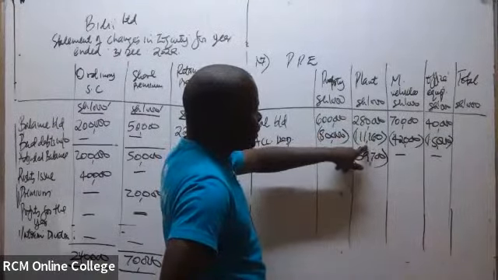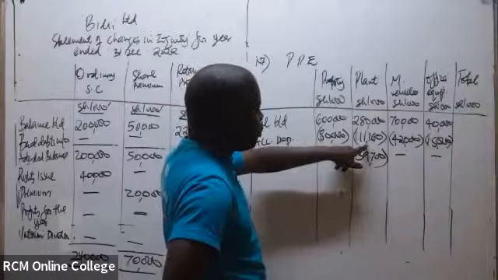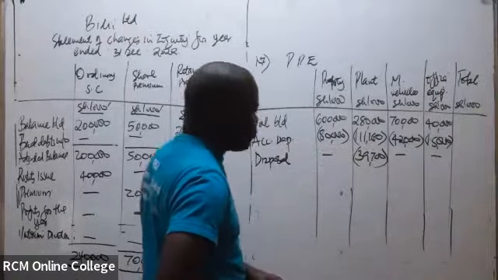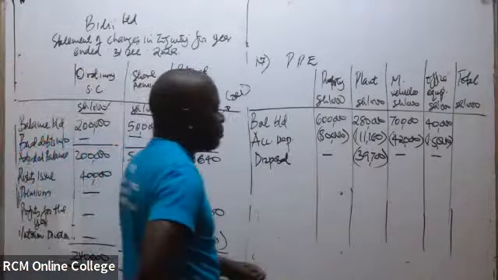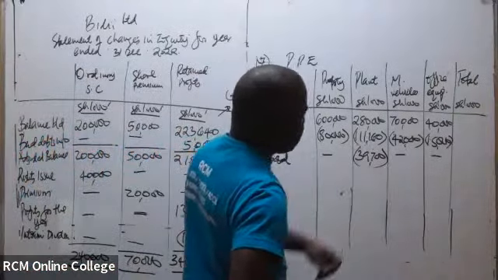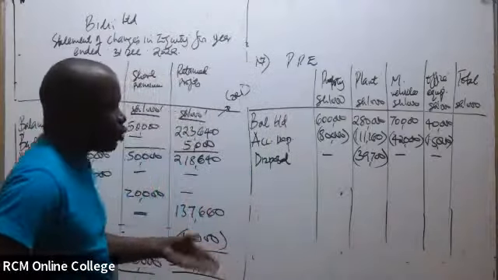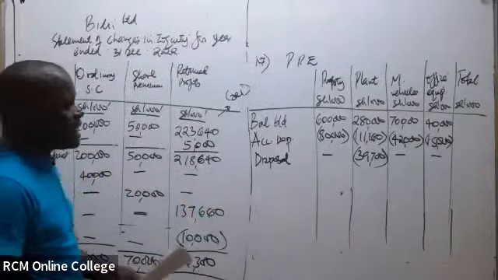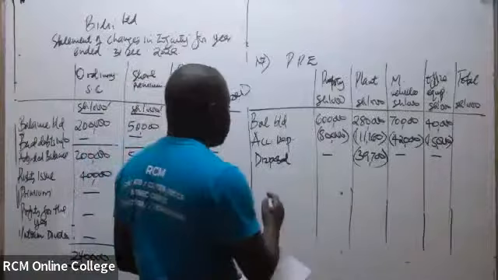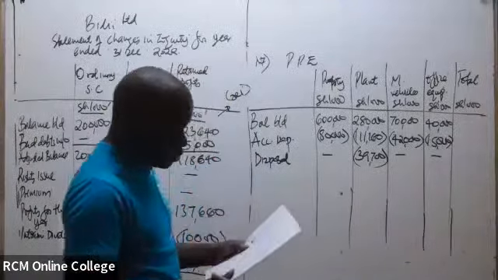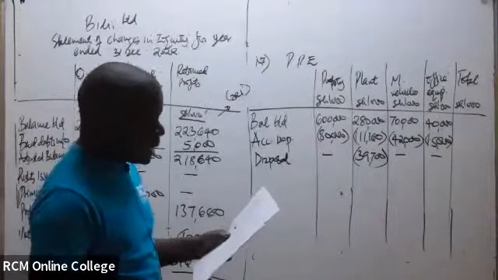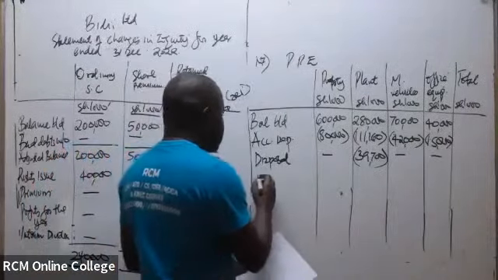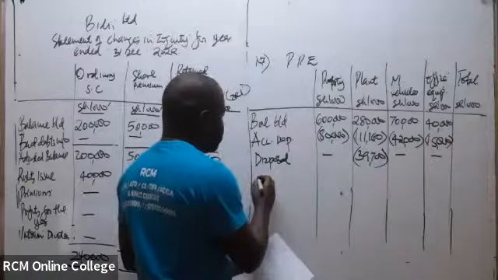Out of this total accumulated depreciation, we have to remove, which means we add back the depreciation on the disposed of item. The total depreciation on this disposed of item was 15,860,000.